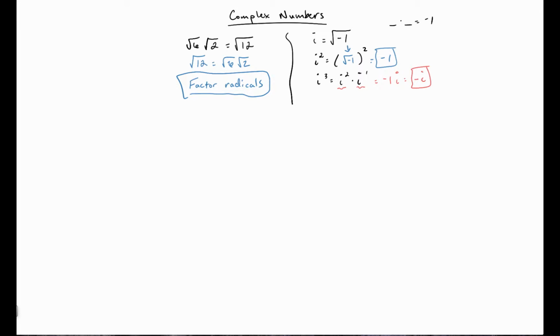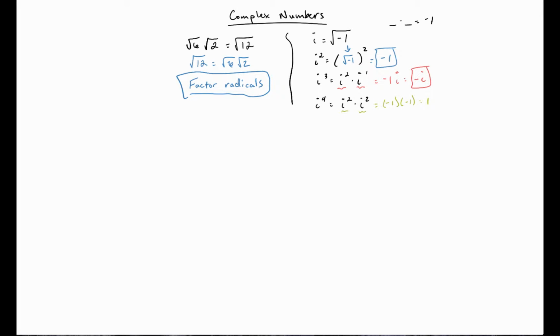And then lastly, I have i to the fourth. Well, i to the fourth could just be rewritten as i squared times i squared, right? Well, i squared is equal to -1, and i squared is equal to -1. So I end up with -1 times -1, which is just 1.